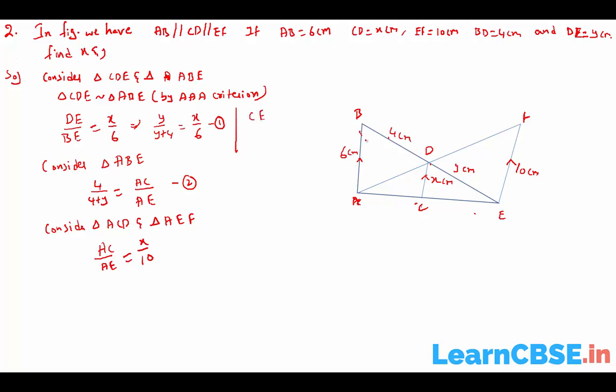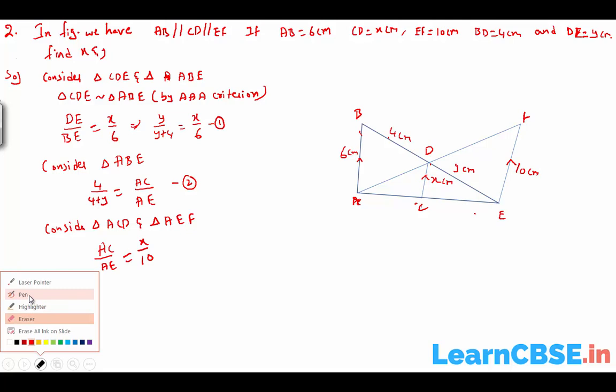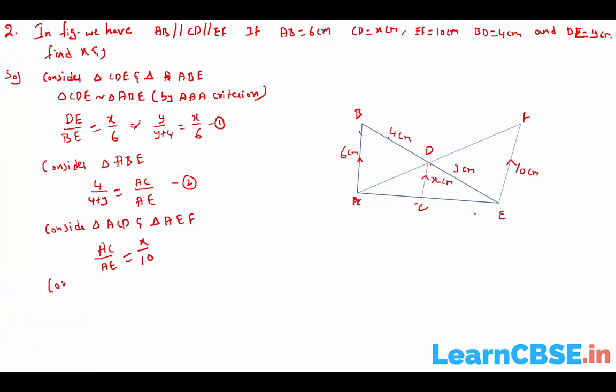In this triangle ABE I can write CE by AE equals to, again, consider triangle ABE.